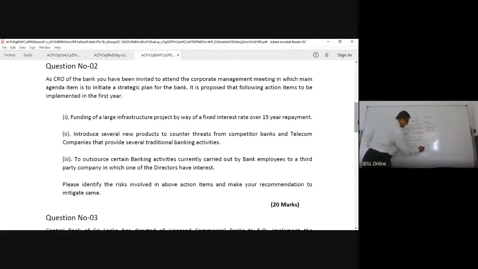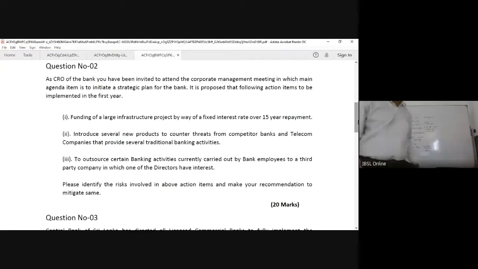So we need to see the activity we outsource is not subject to restriction by the EBSL. We need to check that before we outsource that activity.